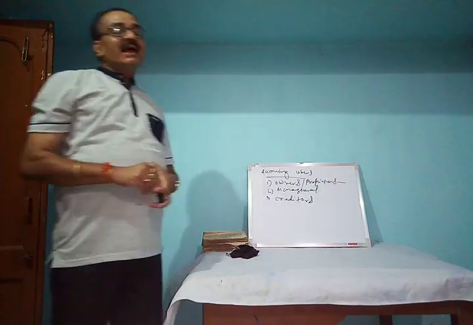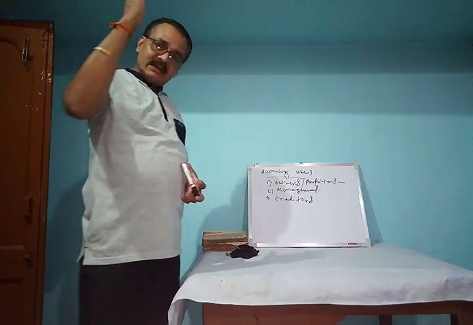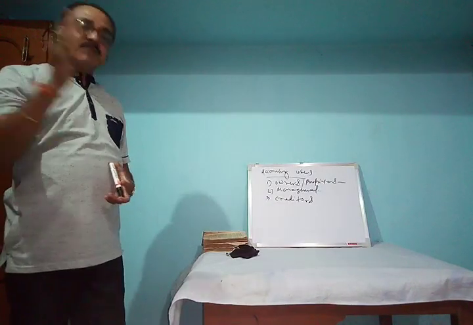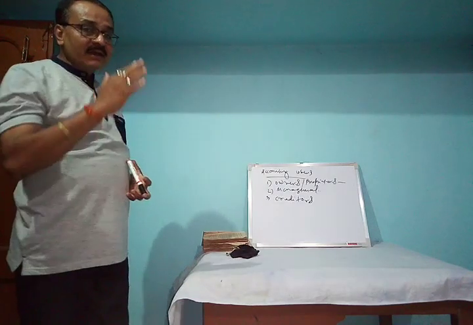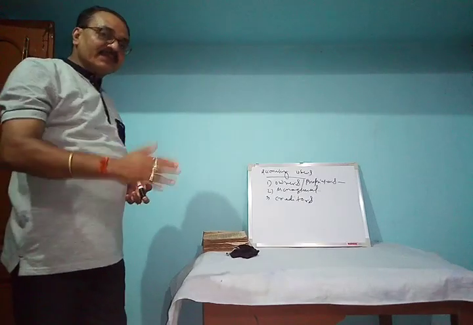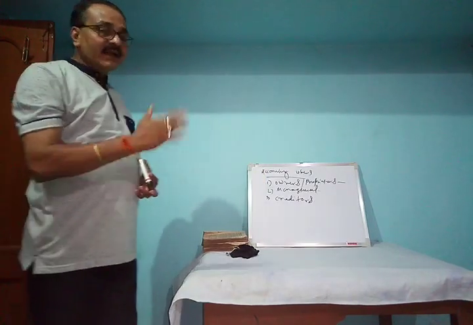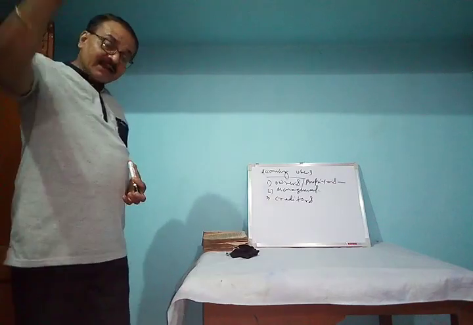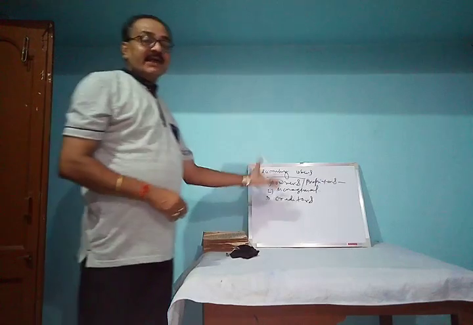Suppose the business has taken a certain amount of money or certain services in terms of money for which the business has not yet made the payment, then the parties from whom they have taken the goods or the cash on credit, those who are outside, are called creditors.